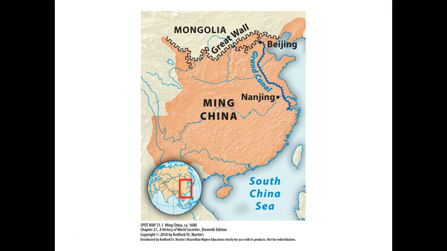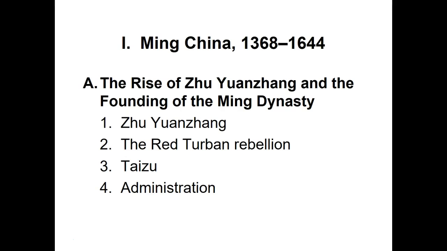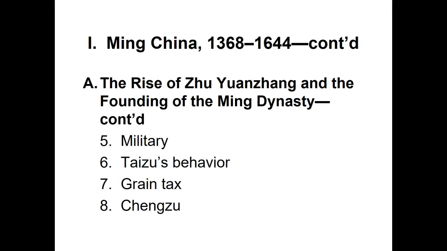So you'll read about Emperor Taizu, and you'll read about the administration of the Ming dynasty. Make sure you understand how the Red Turban Rebellion happens and how the Mongols are eventually put down and the Ming dynasty begins.